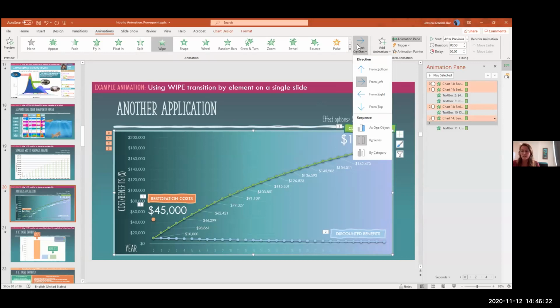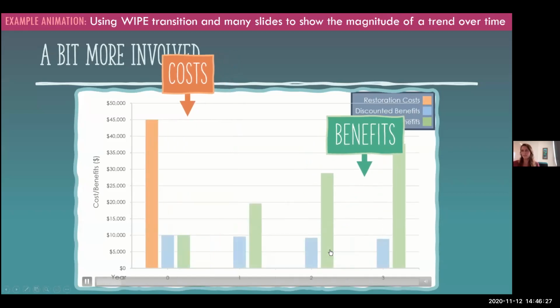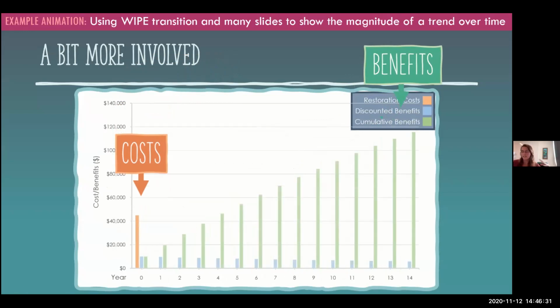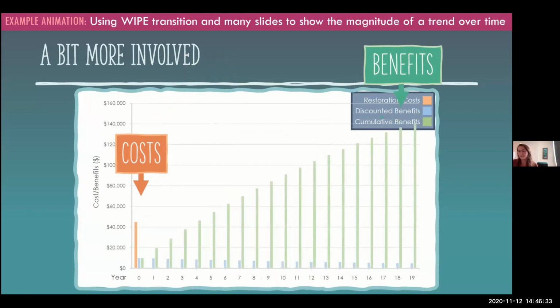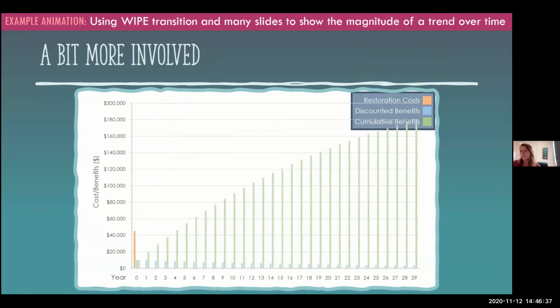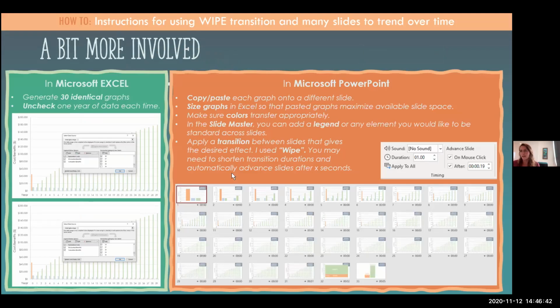If you want to get a little bit more creative, you can also create something where your X and Y axes are changing over time. For this one, it took a little bit more time, and I just made 30 different slides with 30 different graphs, and it's just a lot of copy pasting.